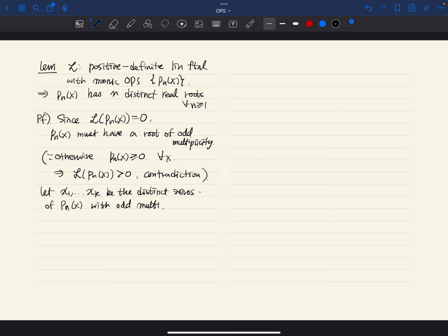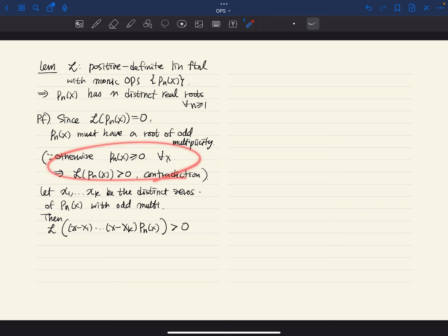Then, if you multiply (x minus x_1) ... (x minus x_k) to this, then this will always be greater than or equal to 0, right? Because again, the same argument. Because this is always greater than or equal to 0, the positive definite linear functional must be greater than 0. In particular, this is non-zero.